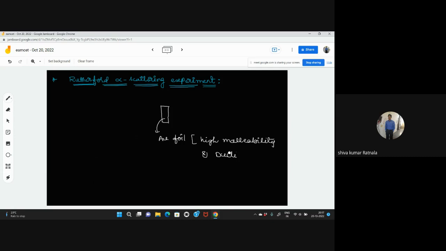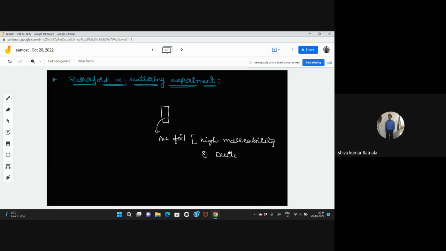Now this is considered as the atom, or matter. Around this matter, he used a fluorescent screen.